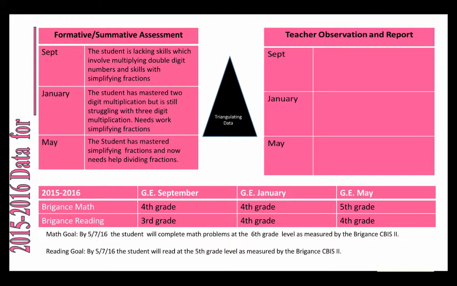So the math says by May 7th of 2016, the student will complete math problems at the 6th grade level as measured by the Bergantz, which means that he or she needs to go from the grade level they ended at to one grade level higher within the following year.